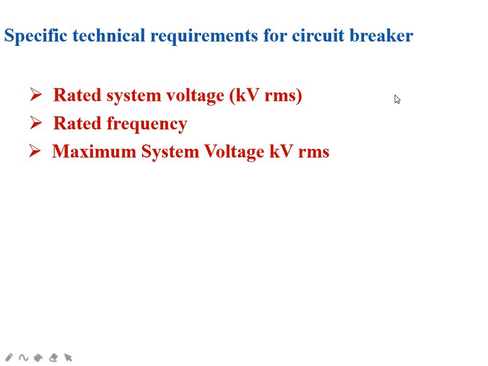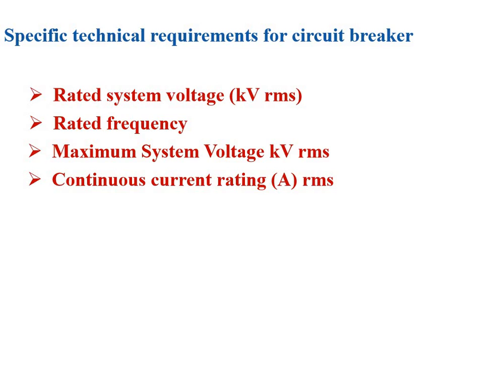Then the next important parameter is the continuous current rating. This is generally expressed in amperes. Continuous current rating will again be decided by the load connected to that particular system where we are going to use this circuit breaker. What amount of continuous current is flowing through that system where we are going to install this circuit breaker, that is also the main requirement.